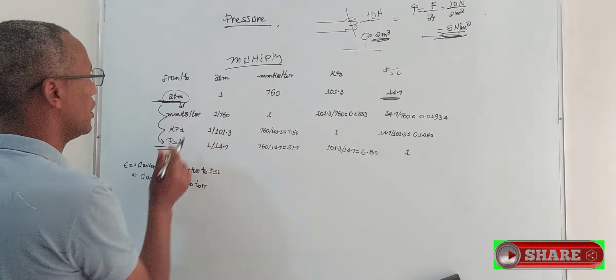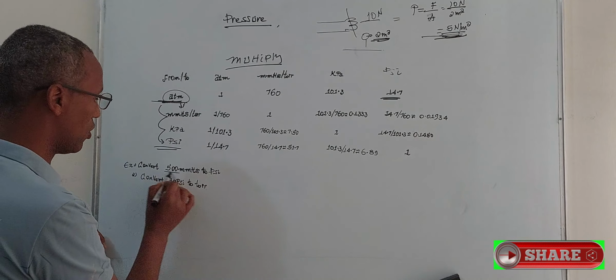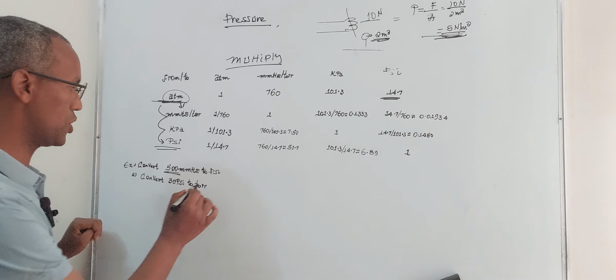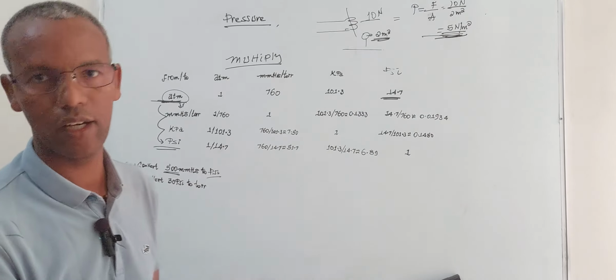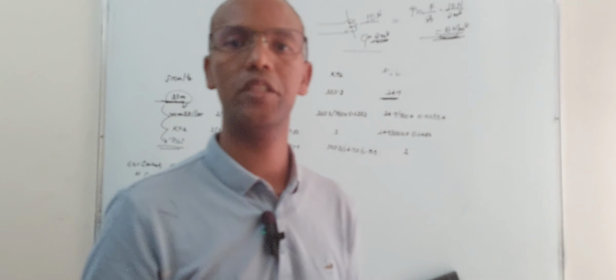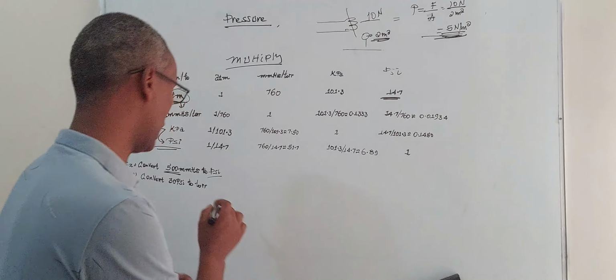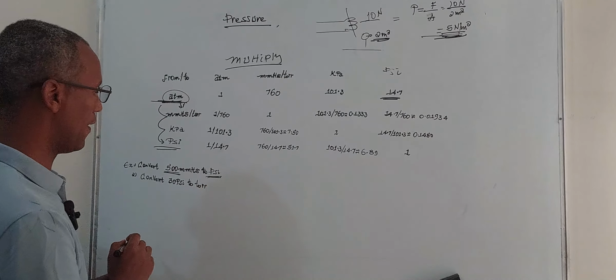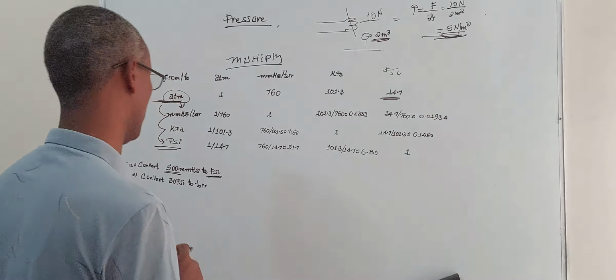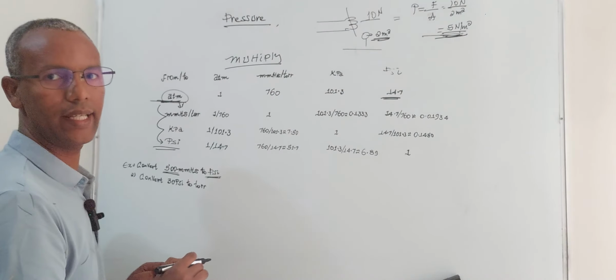So let's say I have a couple of examples over here. 500 millimeter to psi. How to convert 500 millimeter mercury to psi, which is, like I said, pound per square inch?